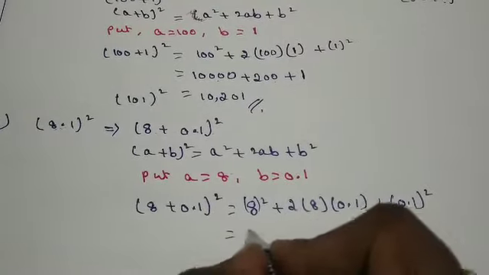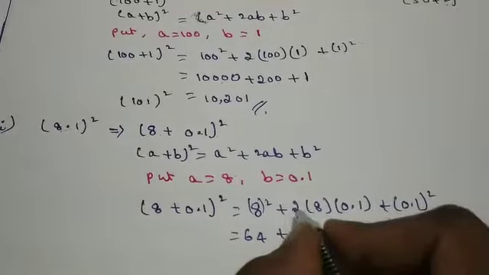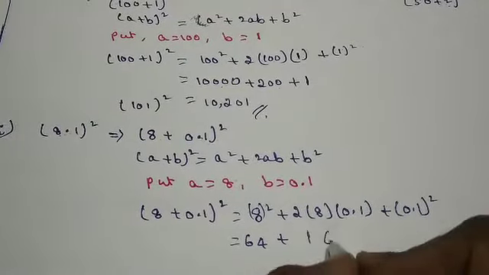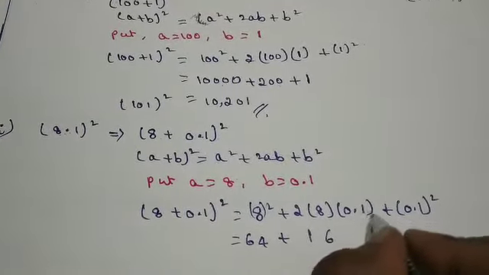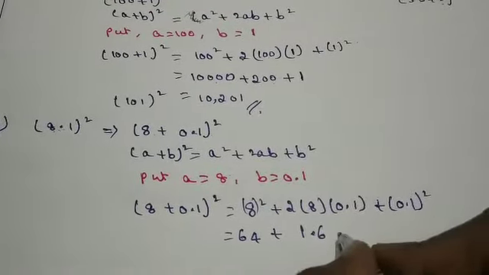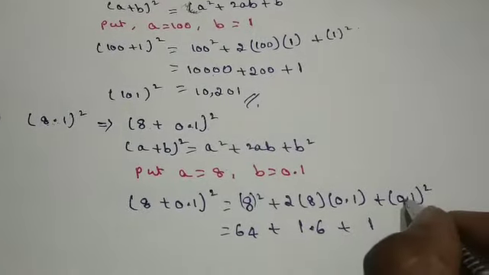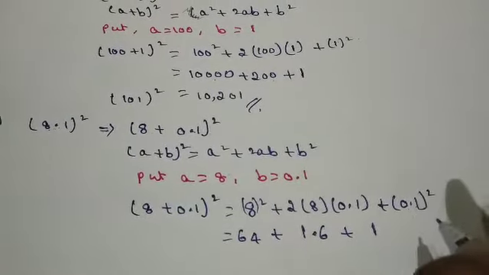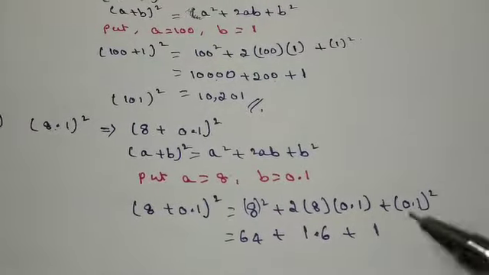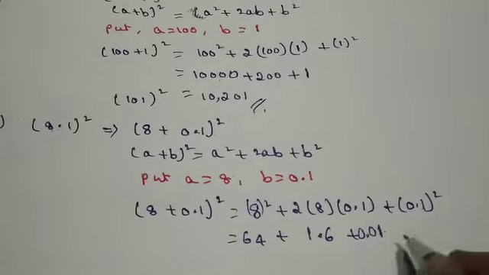8 square is 64 plus, multiply, 8 2s are 16, 16 ones are 16. But after the decimal point we have one digit, so leave one digit from the right side. So 1.6 plus 0.1 square. 1 square is nothing but 1 itself. After the decimal point you have one digit, since it is square, so 2 digits: 1, 2, then point, so 0.01.